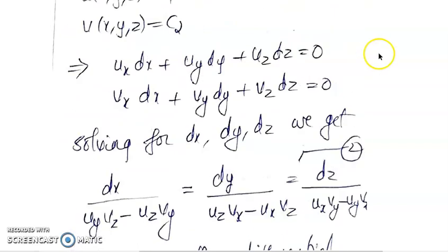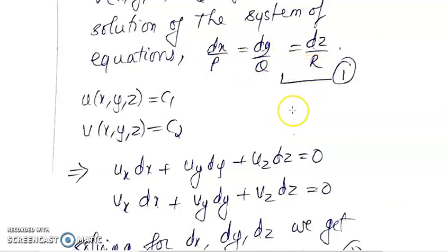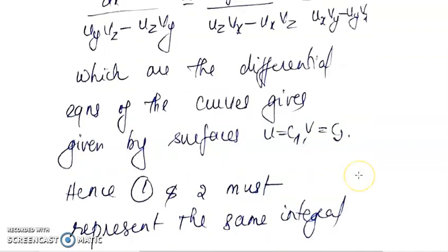So on comparing 1 and 2, what we get is PQR must be proportional to these values: uy vz minus uz vy, then uz vx minus ux vz, and ux vy minus uy vx.